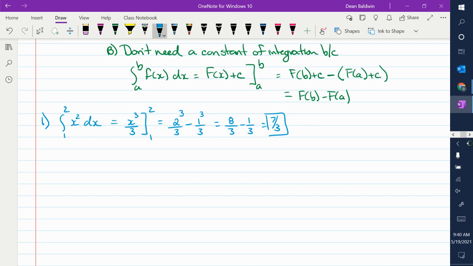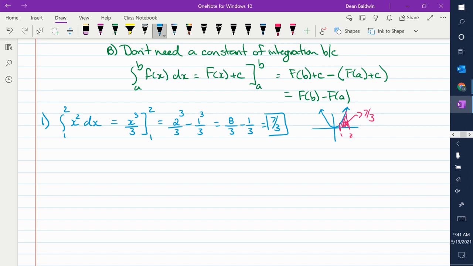You're done. So what that means is, on the graph of x squared, between 1 and 2, that area has a value of 7 over 3. That's all it means. Okay? That's it. That's the fundamental theorem.